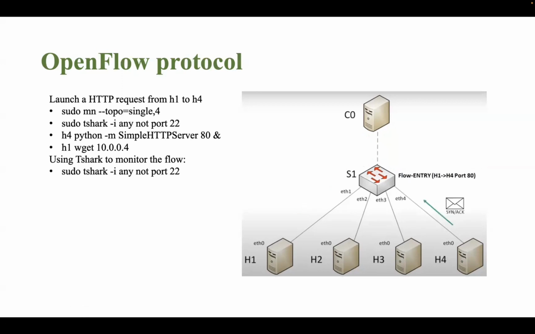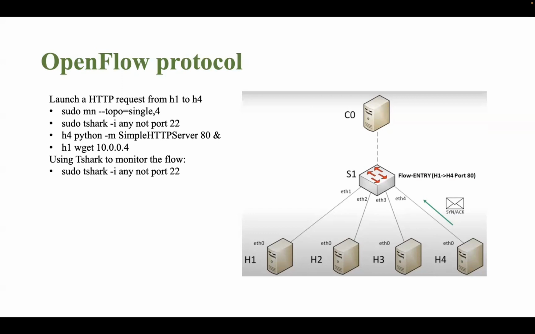Then after this, H4 will reply with a SYN ACK packet to H1. At this time, this SYN ACK packet will be buffered in the switch, because the switch doesn't know what to do with this packet.